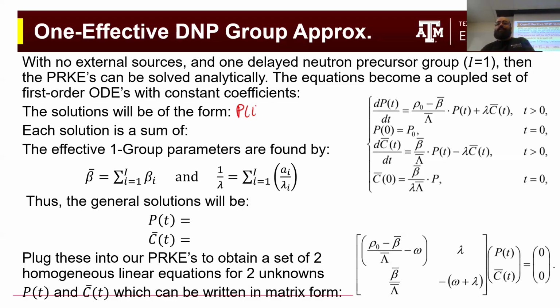So P of t and C of t are going to look like e to the omega t. Every solution is going to be a sum of I plus 1 exponentials, but we have one delayed neutron precursor group, so we're just going to have 2 exponentials.